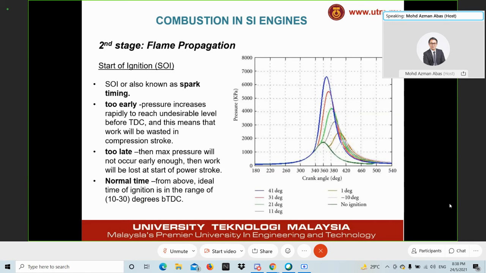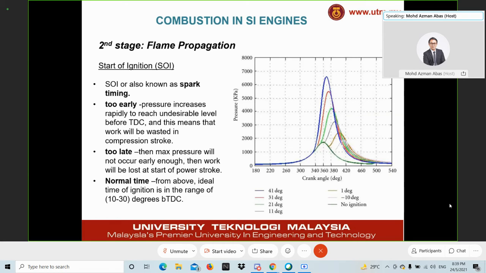Start of ignition, the point where the spark plug triggers, is the correct term, abbreviated SOI.